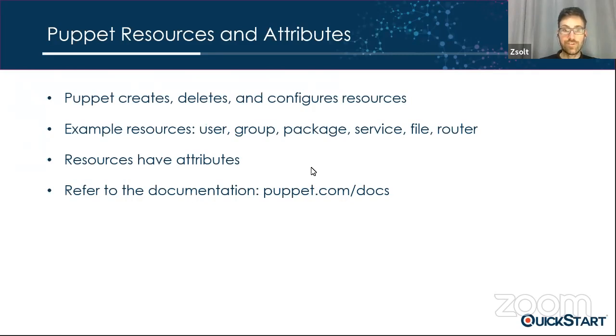Think of resources as things in general that you want to manage. So users, groups, folders, files, routers, services, packages, and so on. These are typical resources. And the resources have attributes. Now, these attributes are, for example, that you ensure that the user is present.